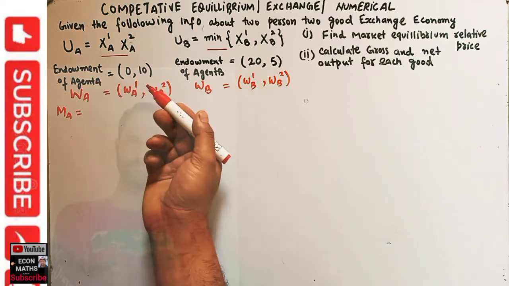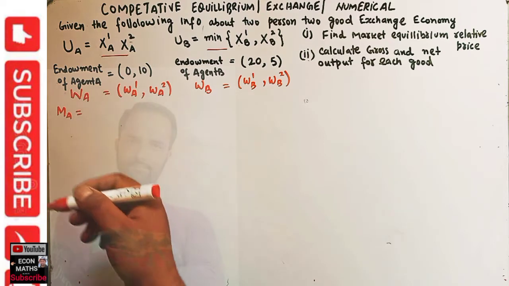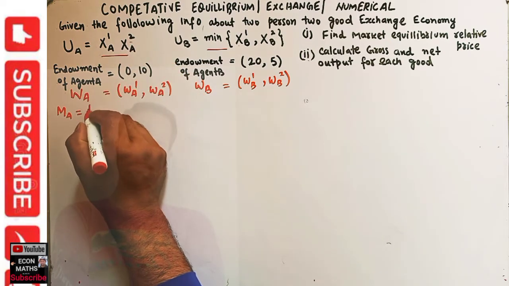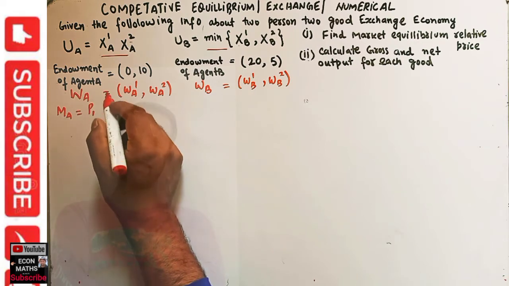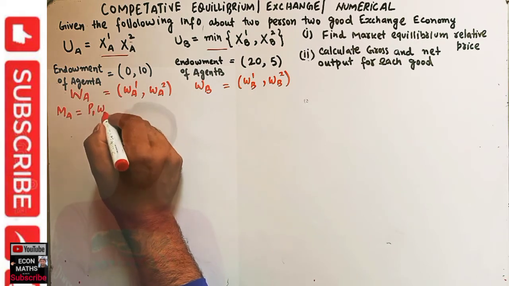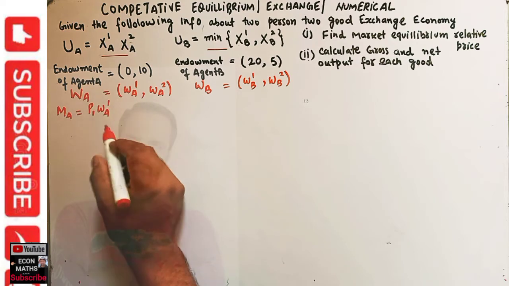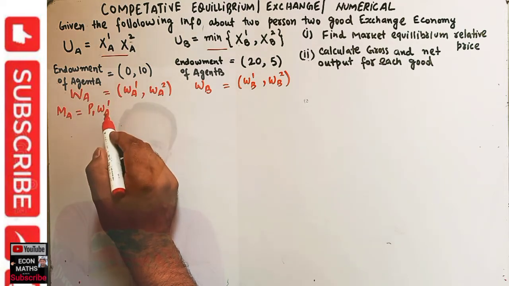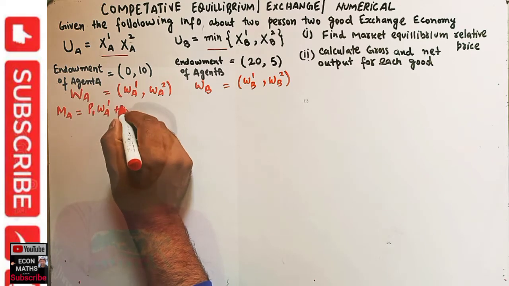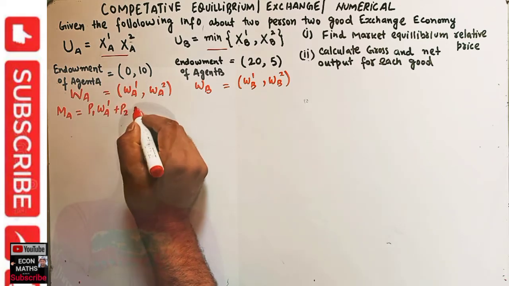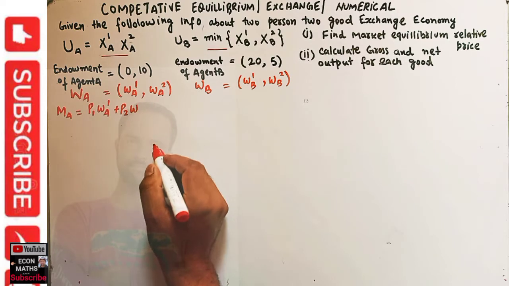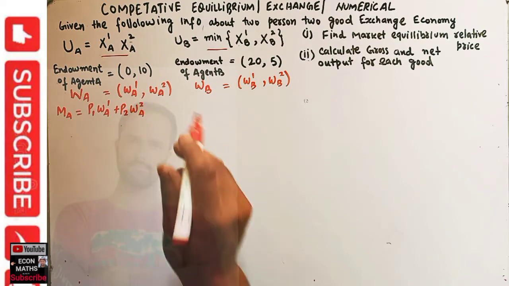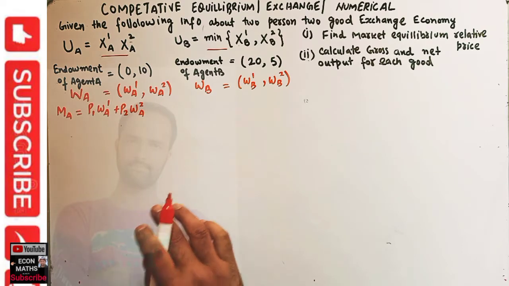So the income of person A is simply the price of good 1 times WA1, the units of good 1 person A has initially, plus P2, the price of good 2, times the units of good 2 person A has initially. This is the income of person A.